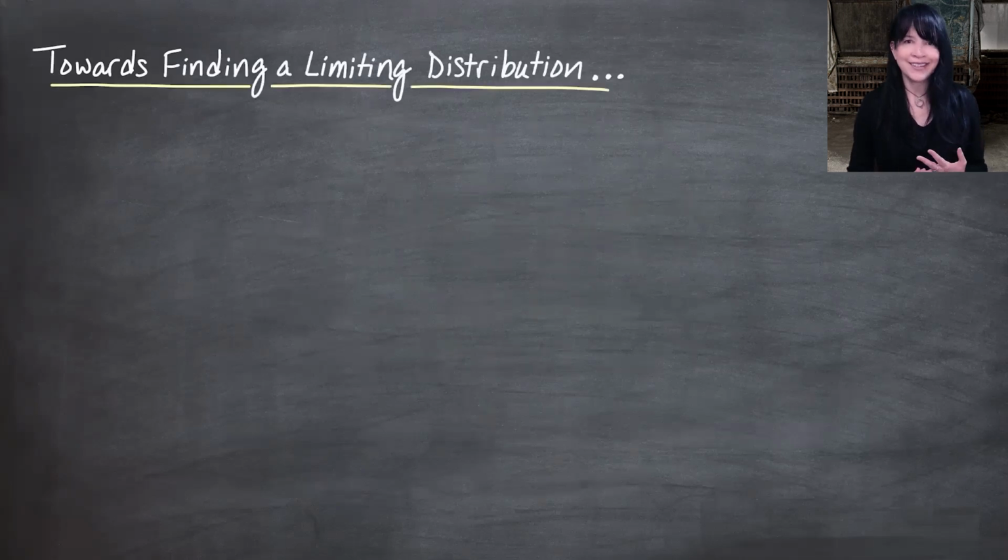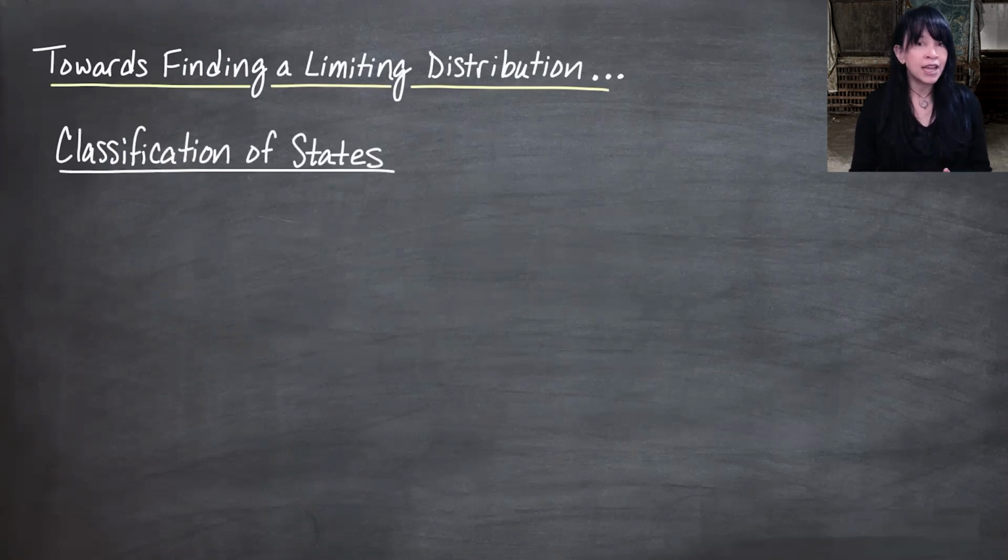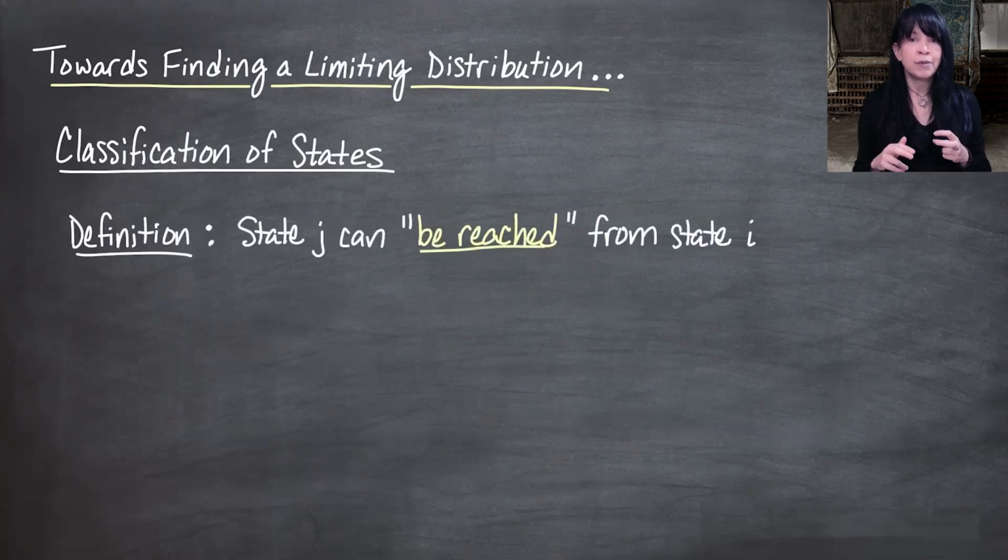So the first thing we need to talk about is the idea of classifying states of a Markov chain as having certain properties. So I'm going to jump right in with a definition and say that a state j can be reached from a state i if you can get there in some number of steps with some positive probability.